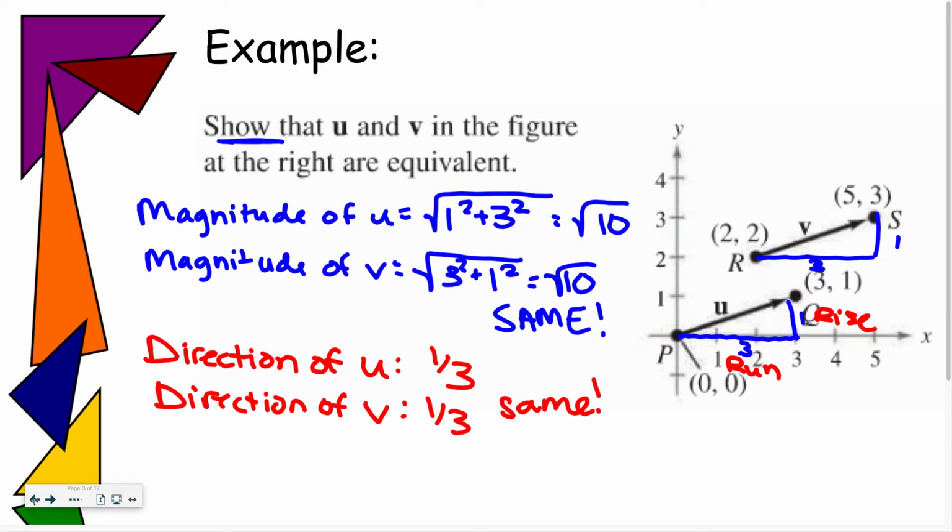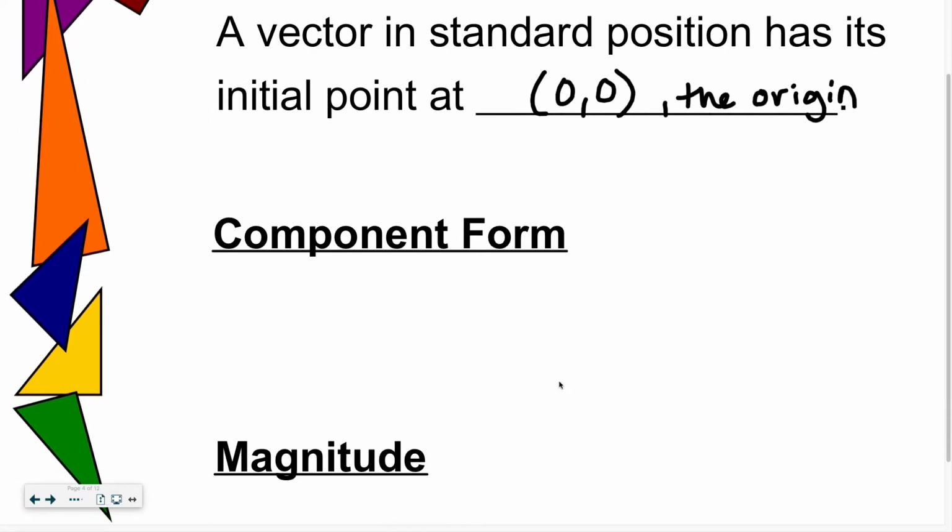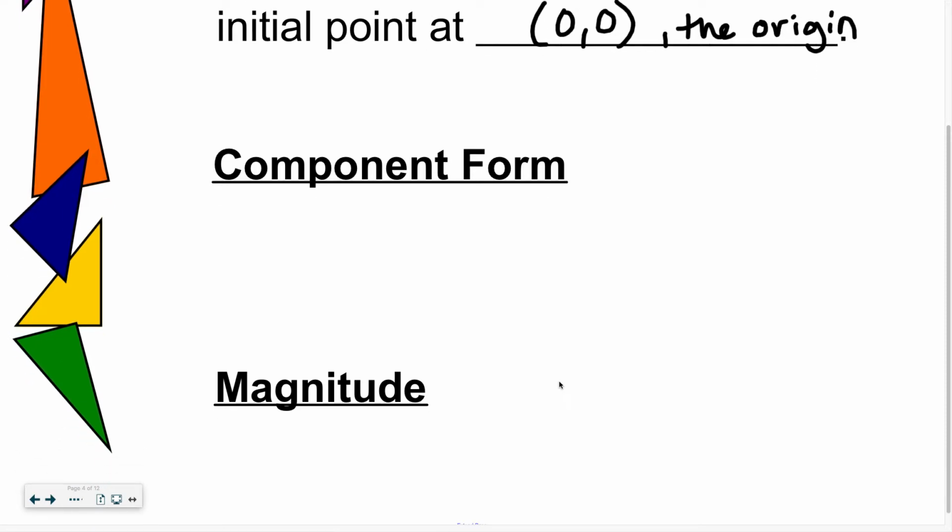So in standard position, we create something called a component form. And component form is the form of the vector that shows the 2 important components, which happen to be horizontal and vertical components. Those people in physics, you guys know this. Okay.